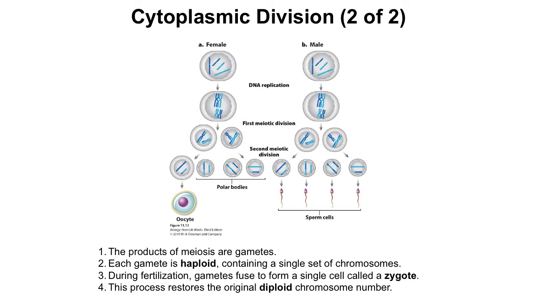And so, just to highlight the consequence of meiosis in the females and males, the products of meiosis in both sexes are called gametes. We have encountered this term before. Gametes are simply what we call sex cells.